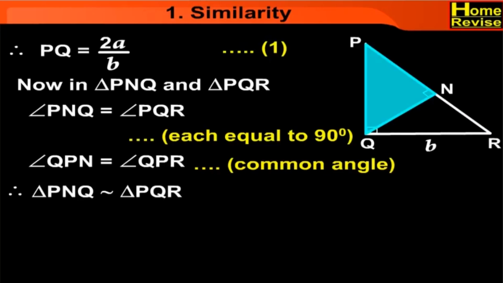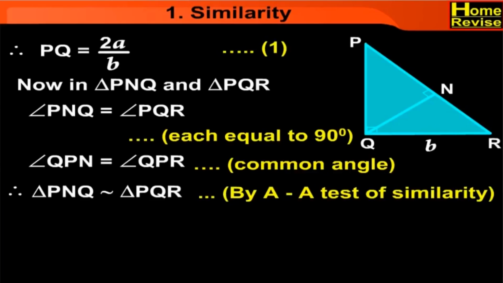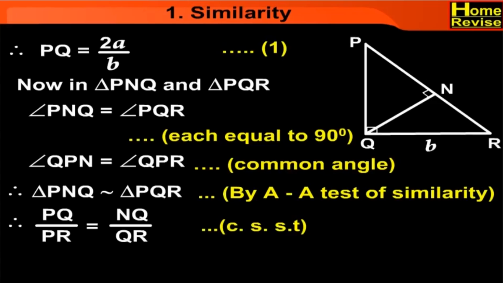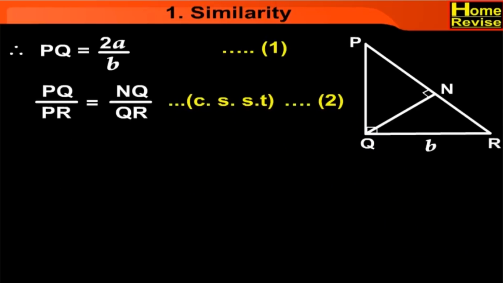Therefore, triangle PNQ is similar to triangle PQR by AA test of similarity. Therefore, we have PQ upon PR is equal to NQ upon QR. Corresponding sides of similar triangles. Let this be equation number 2.